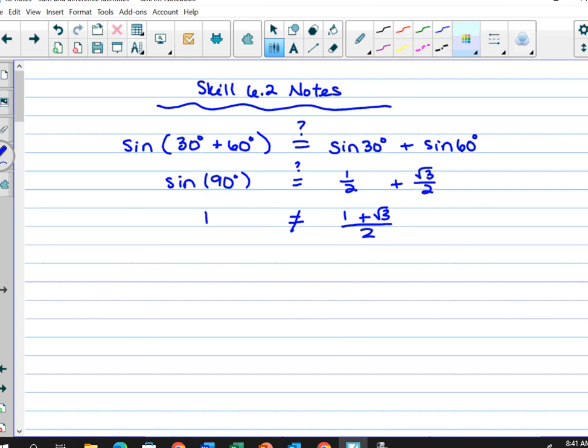Okay, we have these lovely formulas called the sum and difference formulas, or sum and difference identities.